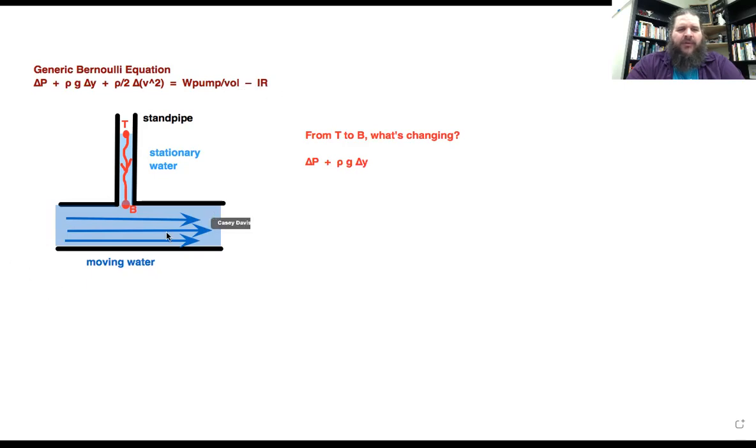There might be a pump somewhere else, but it's not on the path we're talking about from T to B. So we can ignore the pump term. And the pipe may have resistance, but there's no current flowing between T and B, so we can ignore that term as well. So the whole equation just becomes delta pressure plus rho g delta y equals 0. This simplified version of the Bernoulli equation is usually called the hydrostatic case, the hydrostatic Bernoulli equation.